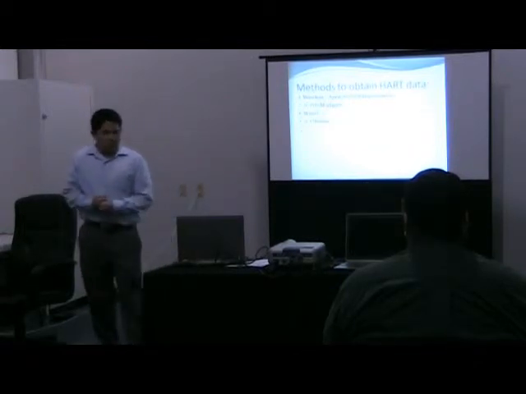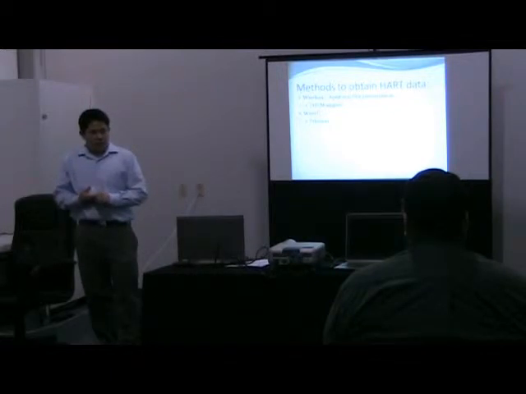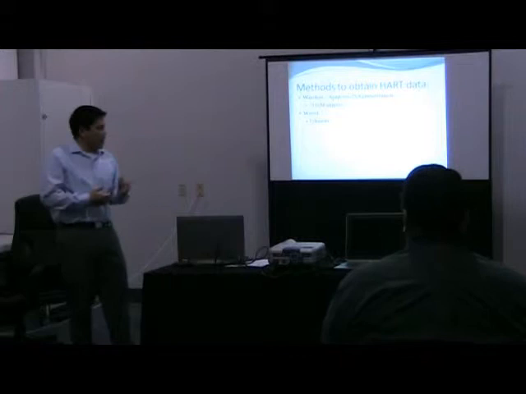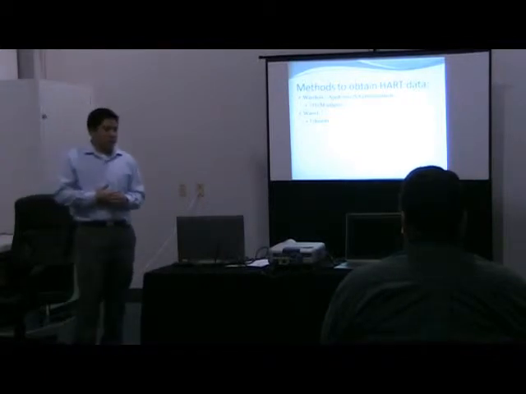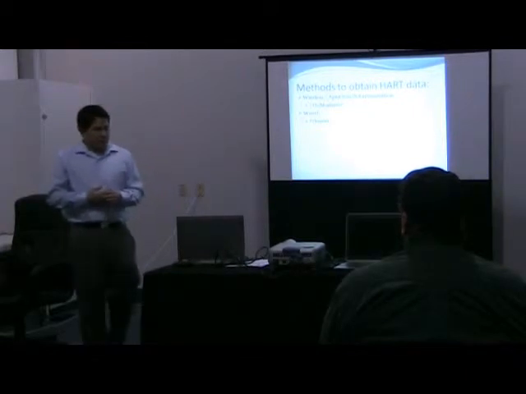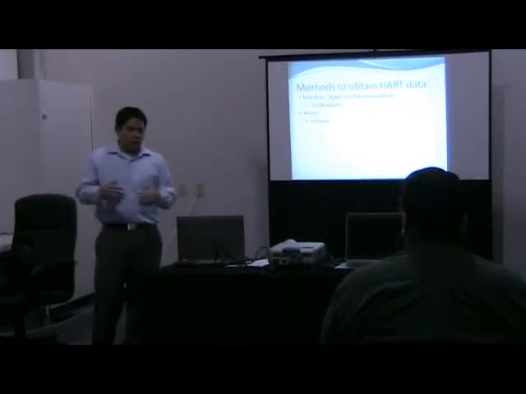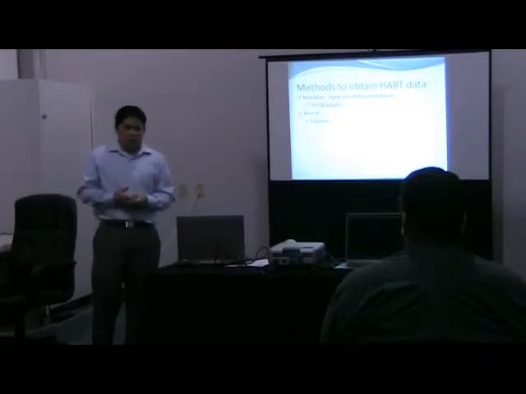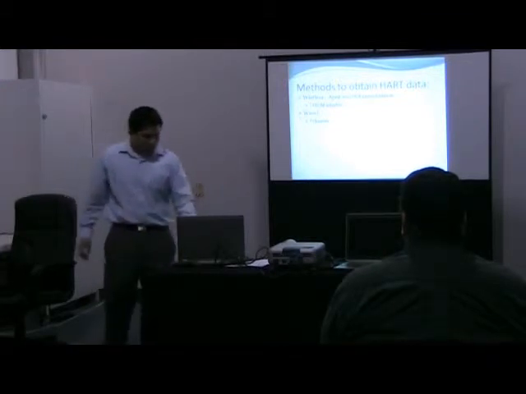So some of the methods to obtain your HART data is wireless, as was presented in the April presentation earlier this year, using methods such as the thumb adapter. And there's also the standard wired method. And one of those methods is over Ethernet, which is what we're going to be talking about today.